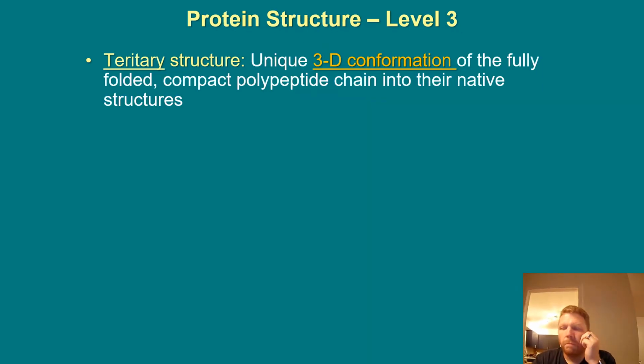Now, your next level beyond that is going to be the tertiary structure. This is a unique three-dimensional conformation of a fully folded compact polypeptide chain within a protein's native structure. Okay, so essentially you could kind of think about it as we've been building up. We have covalent bonds that establish our primary structure.